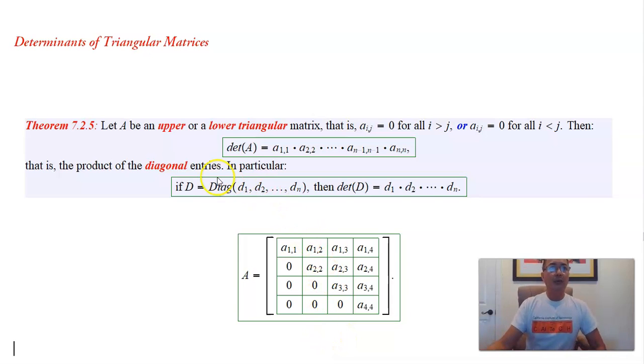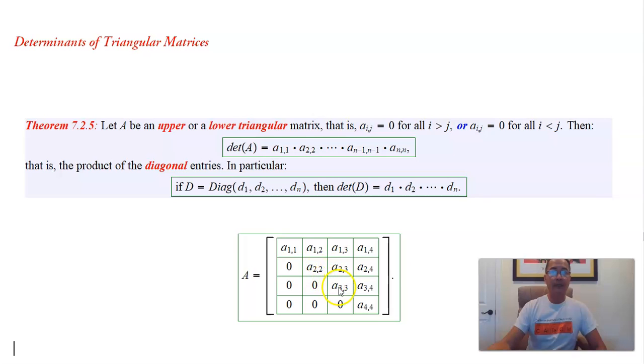So what are these upper and lower triangular matrices? We want zeros below what is called the main diagonal of your matrix. That's where the row and the column subscripts are exactly the same.